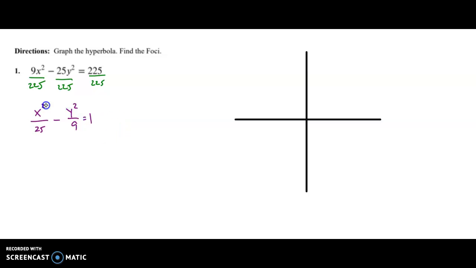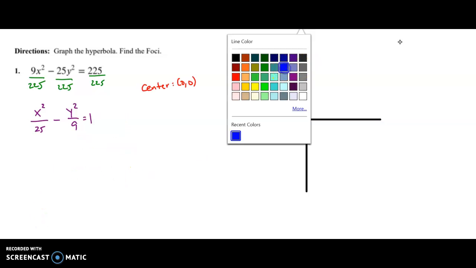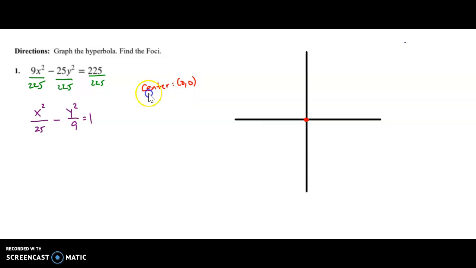Since this is just x squared and y squared, the center is going to be at 0, 0, which I wrote here. Remember, the first denominator is always a squared. So a here is going to be 5, and, sorry, not C, b is going to be 3.